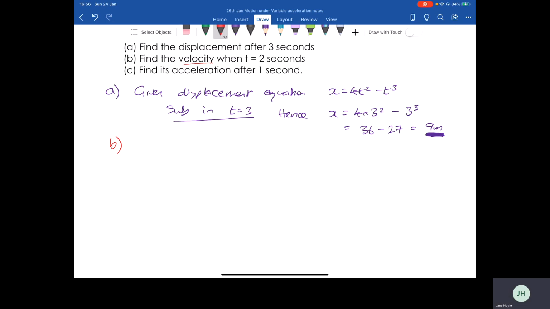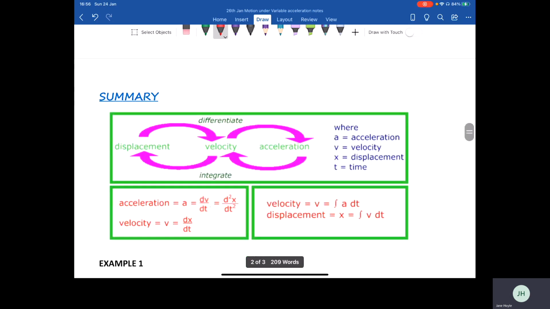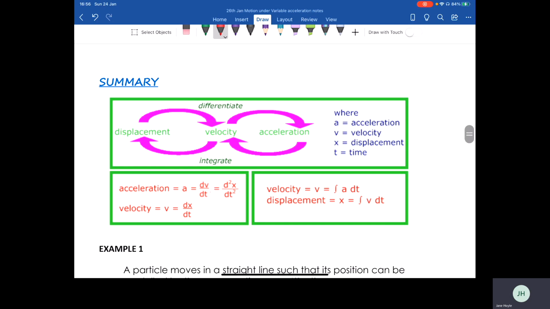I know that the velocity is the rate of change of displacement, or v is equal to dx/dt. Alternatively, look at the pink arrows. I have displacement. I need to go in that direction. Oh, okay, so I need to differentiate.